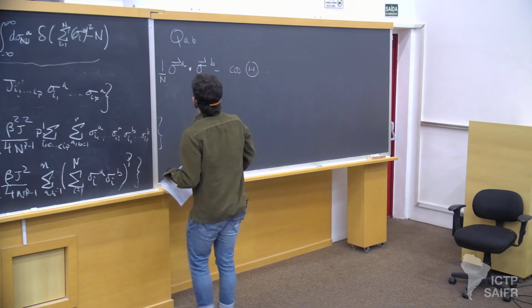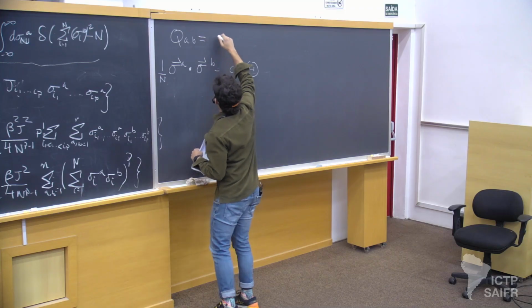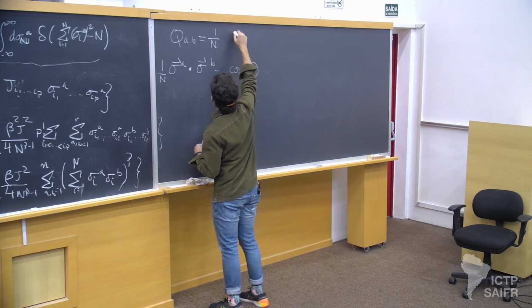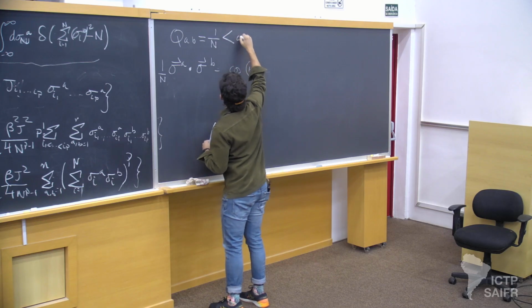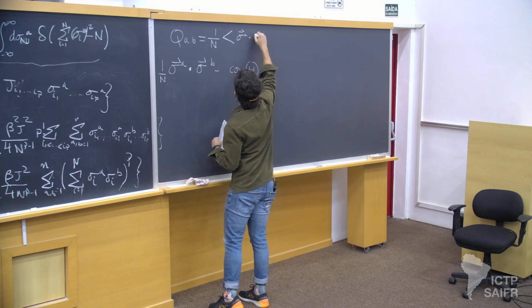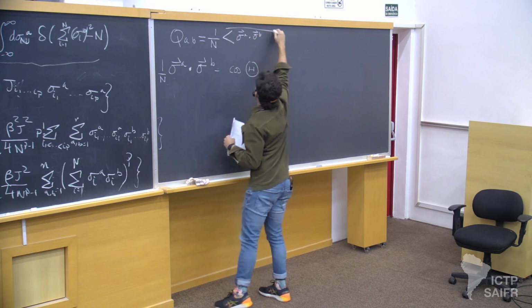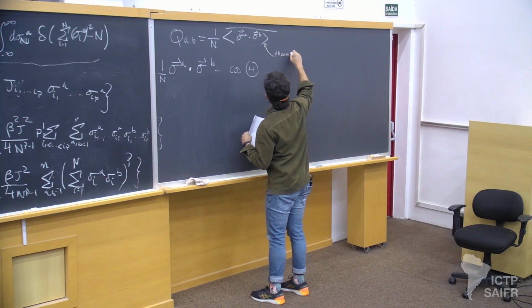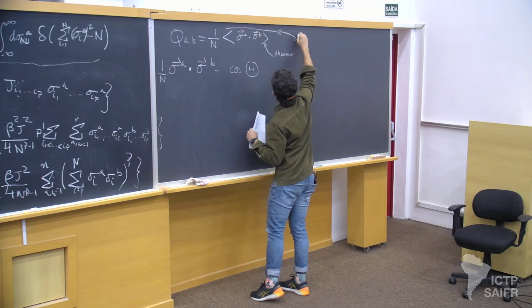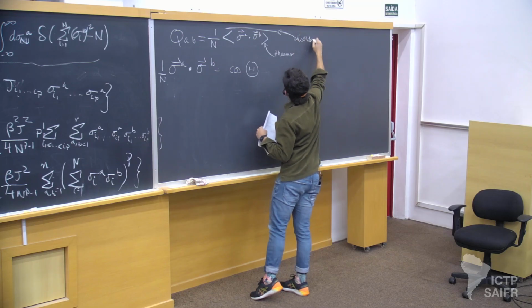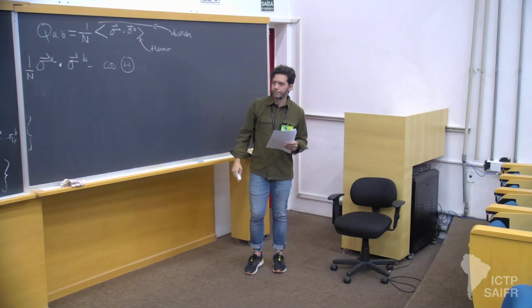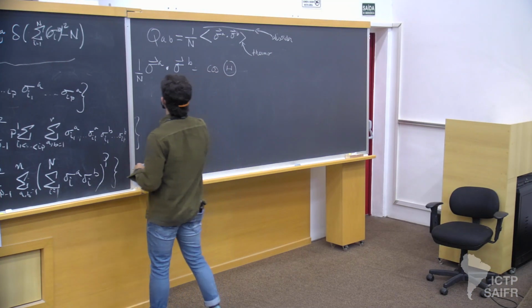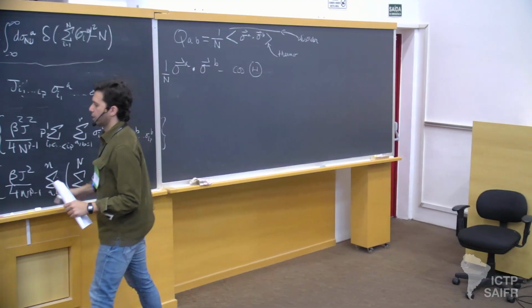Okay? So I'm going to introduce this object Q_AB, which on shell is 1 over n sigma A dot sigma B, disorder averaged. The notation is that this is a thermodynamic average, and this is a disorder average. I'm going to do that by inserting in this integral.